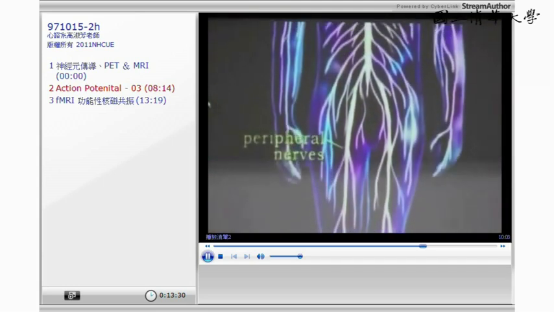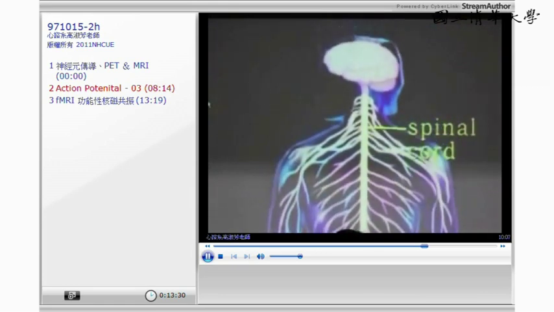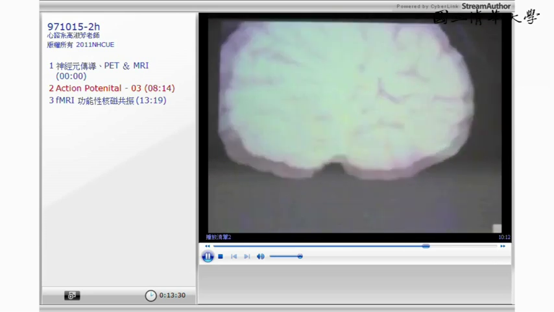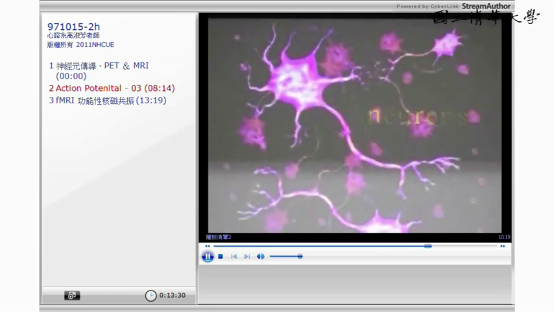Neuroscience is the scientific study of the structure and functions of the nervous system. In this film, we will be concentrating on the brain. These microscopic cells, neurons, are the building blocks of the brain and form a communication network.